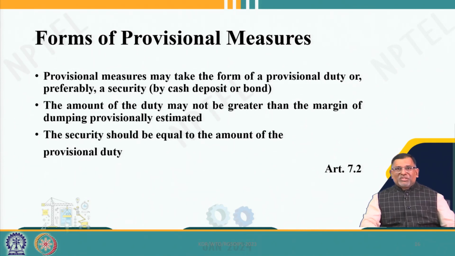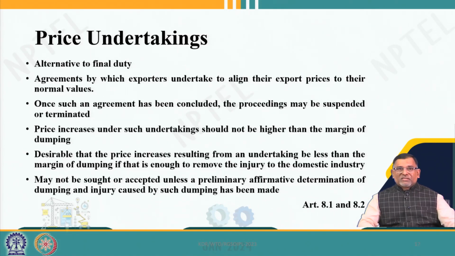So, provisional measures include the provisional duty and also cash or price undertakings. Before the final duty, the anti-dumping authorities can impose provisional measures as price undertakings.